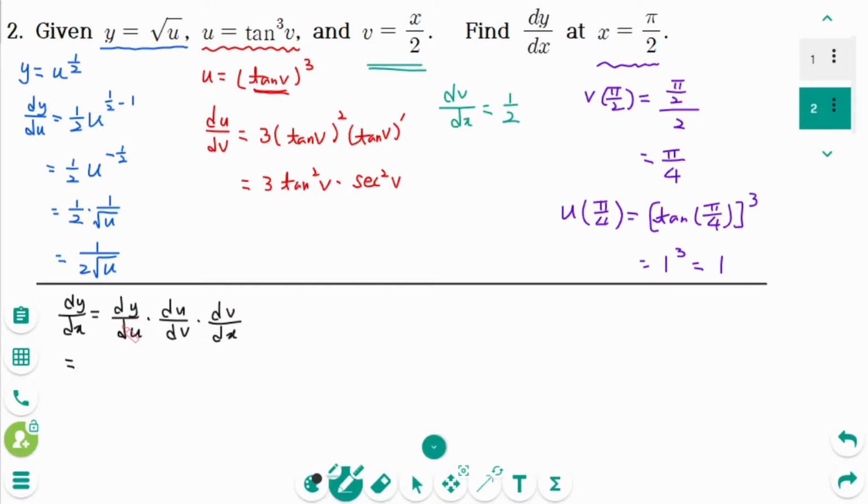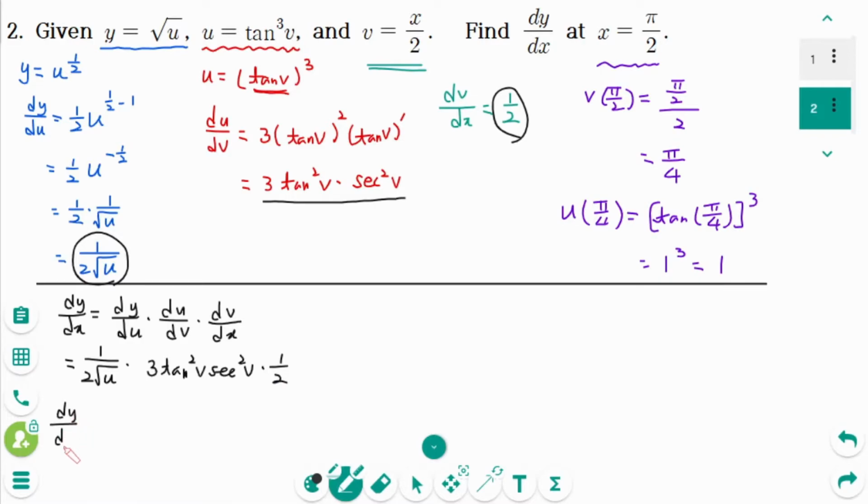Then dy du equals 1 over 2 square root of u, du dv equals 3 tangent squared v secant squared v, and dv dx equals 1 over 2. Then for dy dx, when x equals pi over 2, then v equals pi over 4. That means u equals 1.